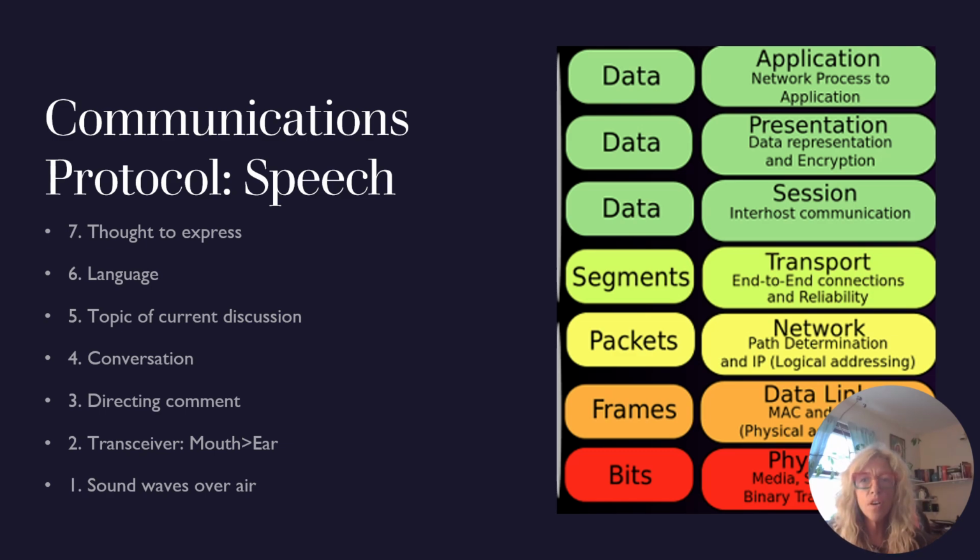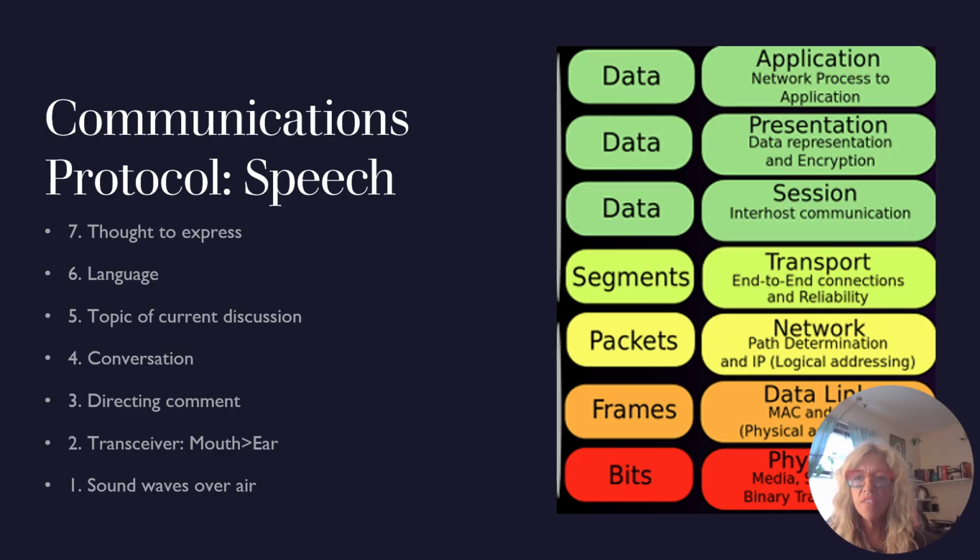And then layer 4, the transport layer function, which ensures reliable data transmission. In the speech example, this could be the vocal volume and the clarity to ensure that the message is understood. For example, speaking loudly and clearly if you're in a very noisy environment, because you want to make sure that your message is heard.